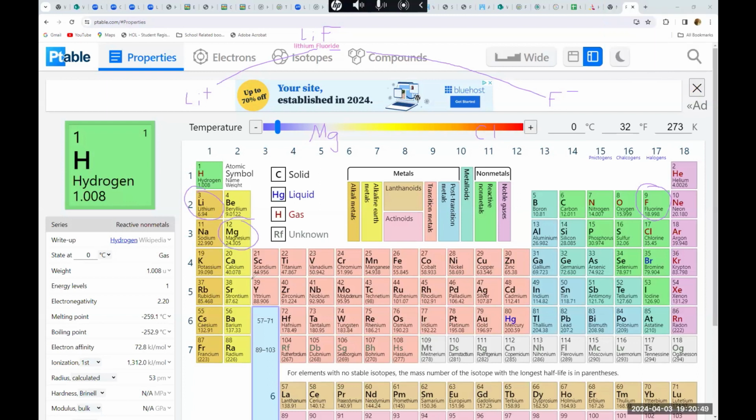Three positive? Or two? It's two. I miscounted, because we were starting here, so we want to go back. That's one, two. So we'd have to lose two electrons to be like neon. So then it's going to be 2 plus.